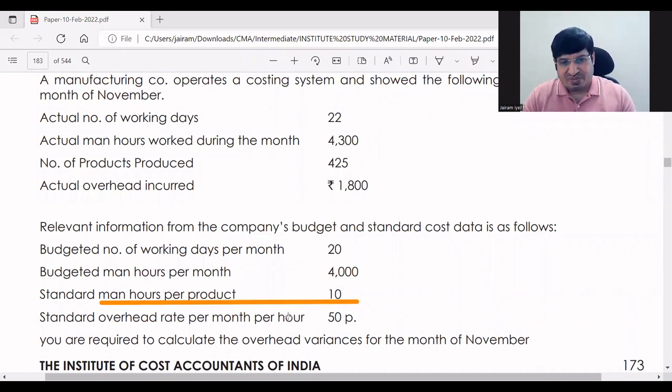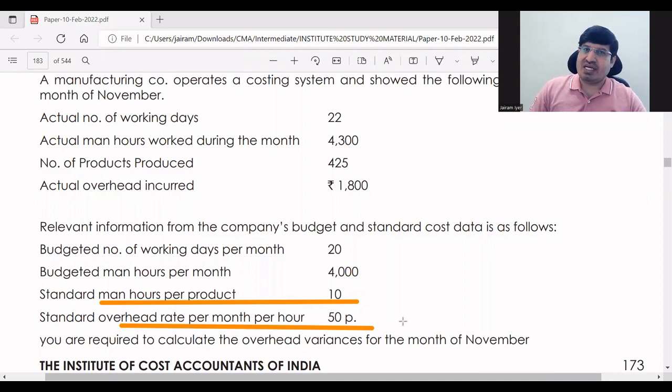Okay, and standard overhead rate per hour is 50 paise. Okay, so 50 paise is 0.5. Just divide it by 100 and you will get it in rupee. Okay, we want all calculations in rupee, isn't it? So 50 paise per hour, okay, which means 0.5 per hour.